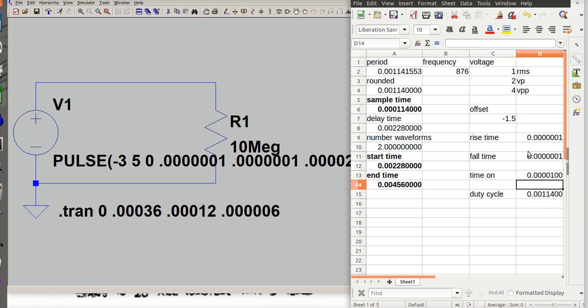Okay. Now my fall time, I'm subtracting my time on from my period. So that gets me down to 0.00112.